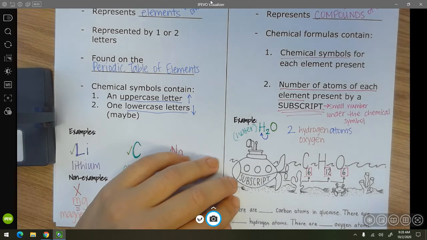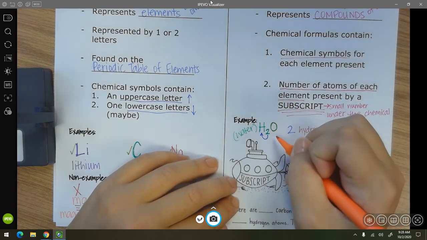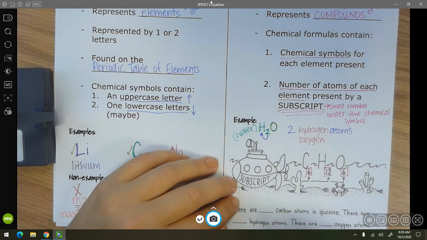Okay, let's look. Well, I look at my O for oxygen, and there's nothing down there. There's no subscript for it. Really, that's not true. There is a subscript, but the subscript we don't have to write over and over again because it's just a little invisible 1.